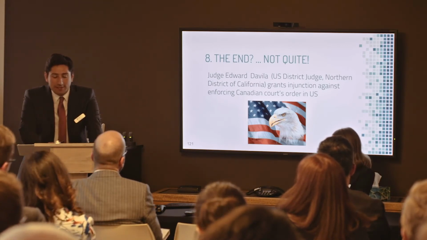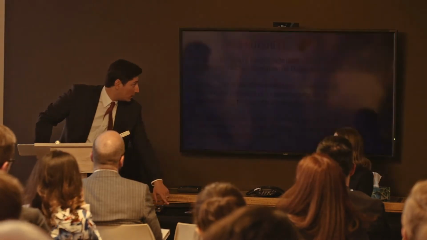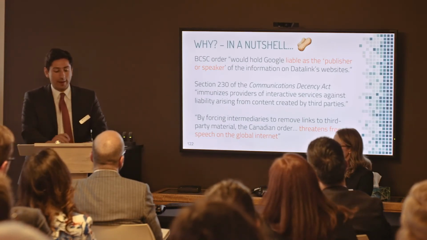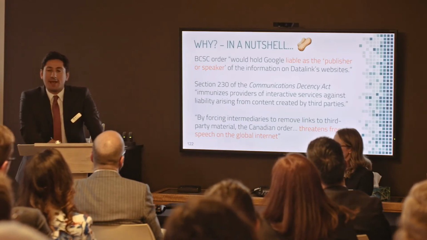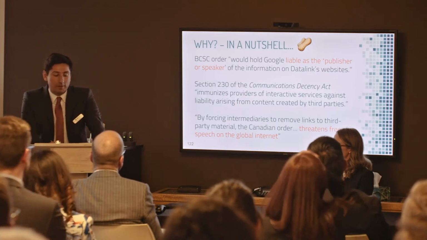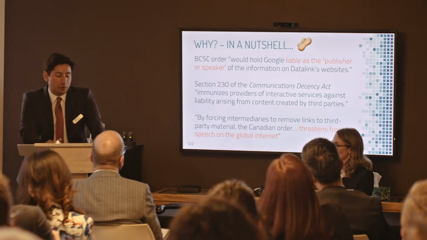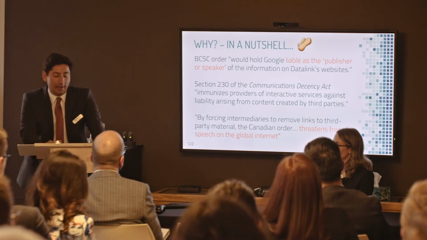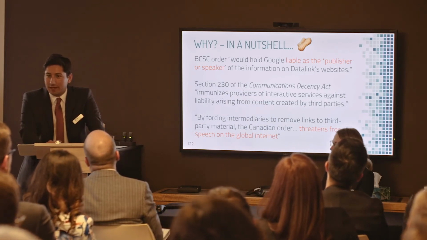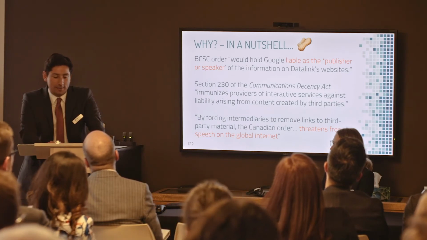And Google's ultimately successful. They get the final order they're seeking in late 2017. And why did they get this order? Well, the district court says that the Equustek order, the order by the BC Supreme Court, upheld by the Supreme Court of Canada, makes Google liable as a publisher or speaker of information on the DataLink websites, and that this is a violation of the Communications Decency Act in the United States.